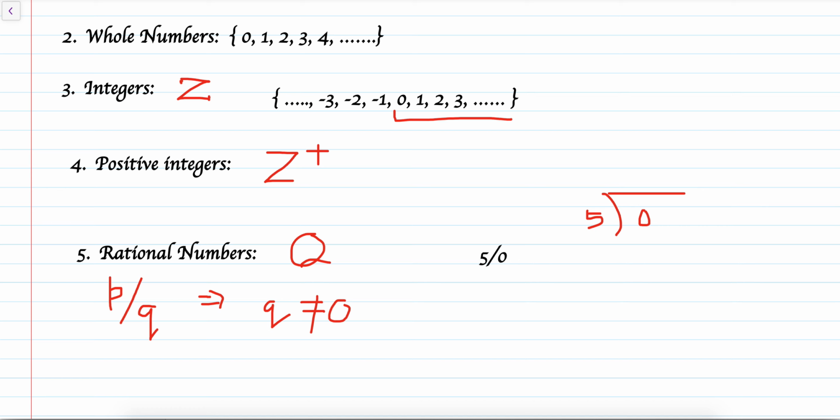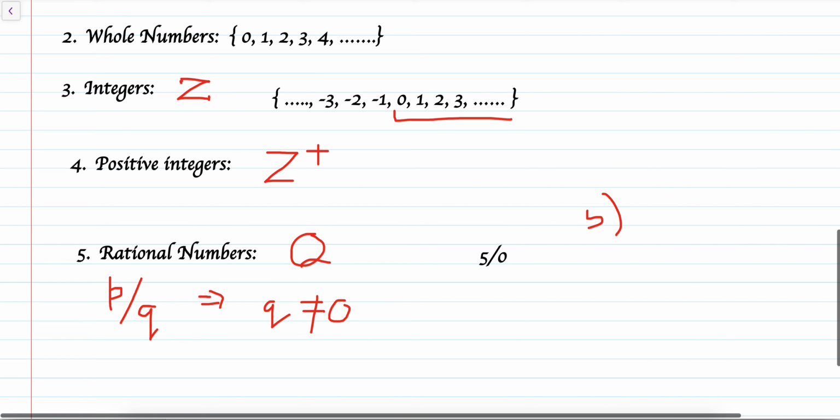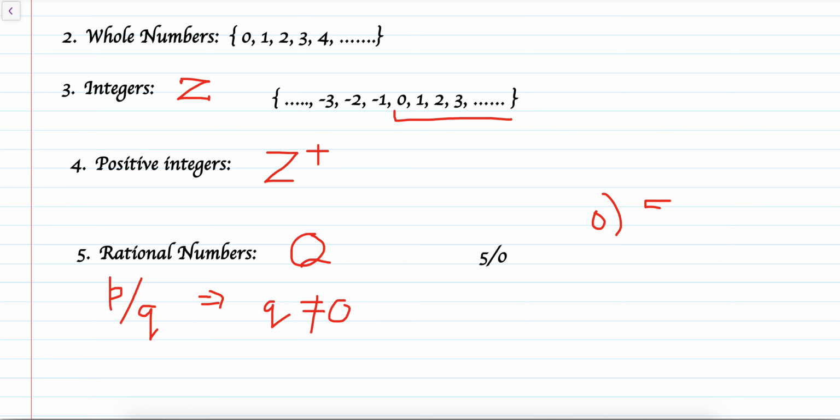If we take any number, say the largest single digit number 9, 9 times 0 is 0, and the remainder is 5.